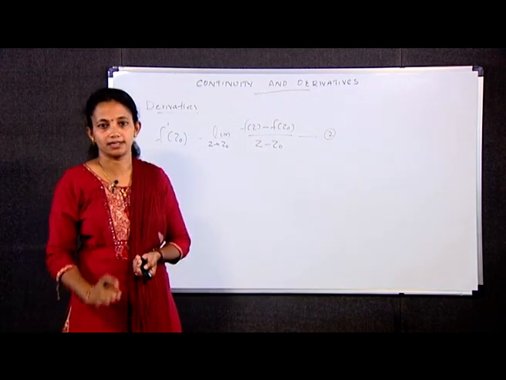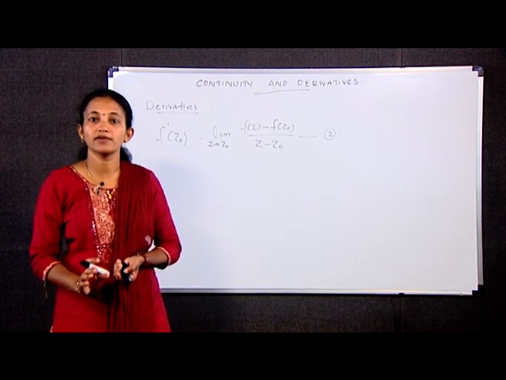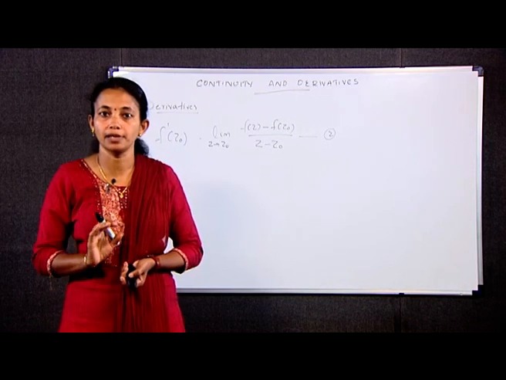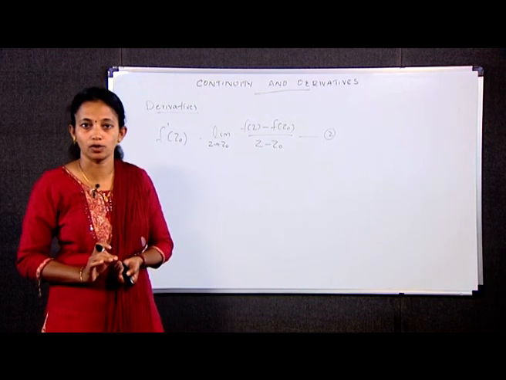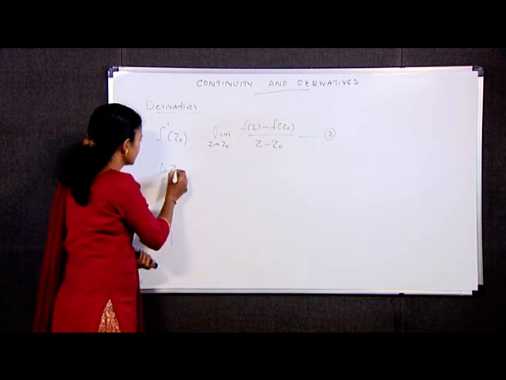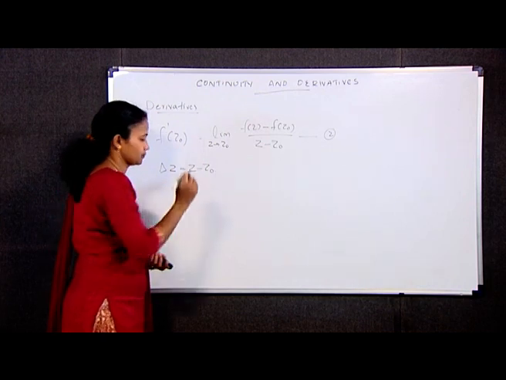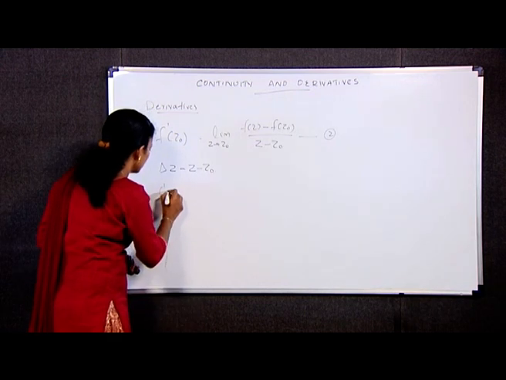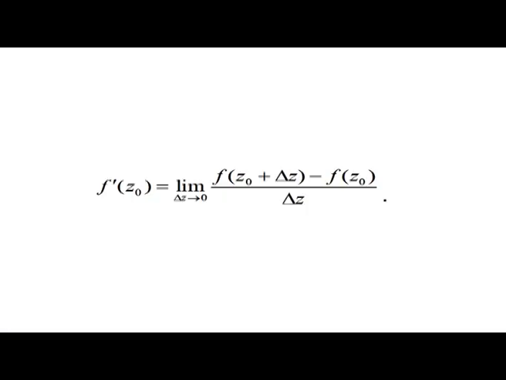Provided this limit exists. By expressing the variable z in the definition of derivative in terms of the new complex variable delta z, which is equal to z minus z0, we can write the above definition as f dash of z0 is equal to the limit as delta z tends to 0 of f(z0 plus delta z) minus f(z0) divided by delta z.